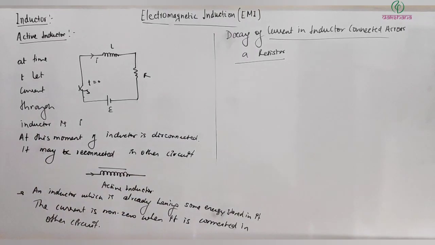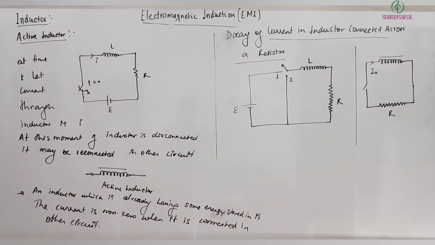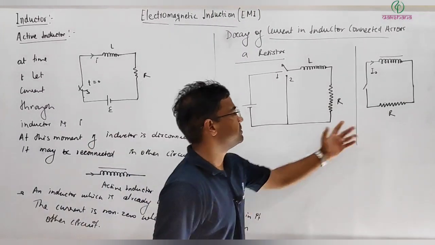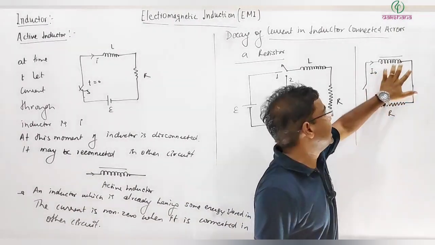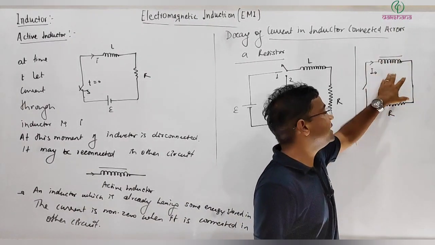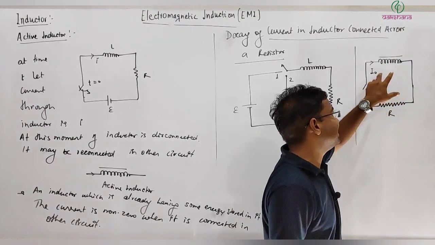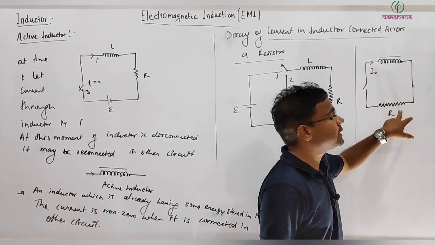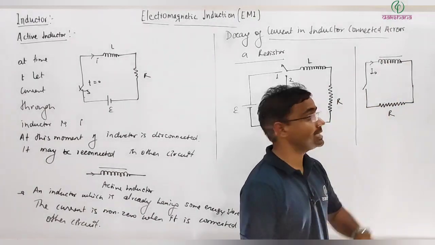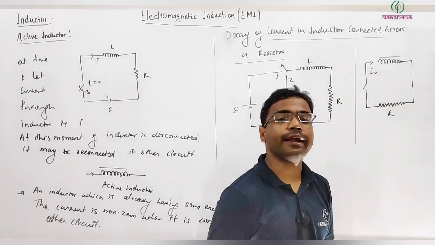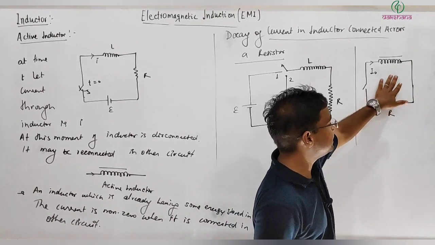Let me just draw its diagram. So there can be two cases, two possibilities, both mean the same. One way is simply I am having an active inductor, which is already having some energy stored. So initially the current is I naught and it's connected across some resistor. Now here energy is supplied by the inductor, so it's like decay. Here current will start decreasing. So one way is this way.